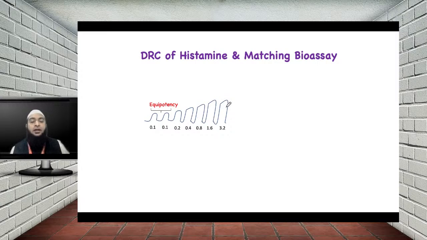Now what is the ceiling effect? Look at these two important responses, 1.6 and 3.2. The response height of both 1.6 and 3.2 is the same, although here you have given the double dose. 3.2 is exactly double of 1.6, but since you are getting the same response, this indicates that the ceiling effect has been reached, and that all histaminergic receptors are saturated and occupied by the histamine.